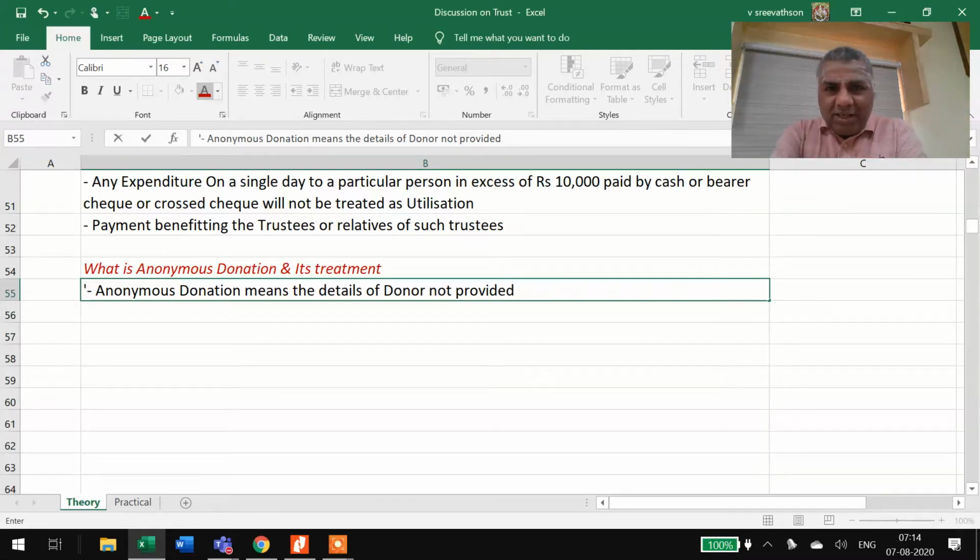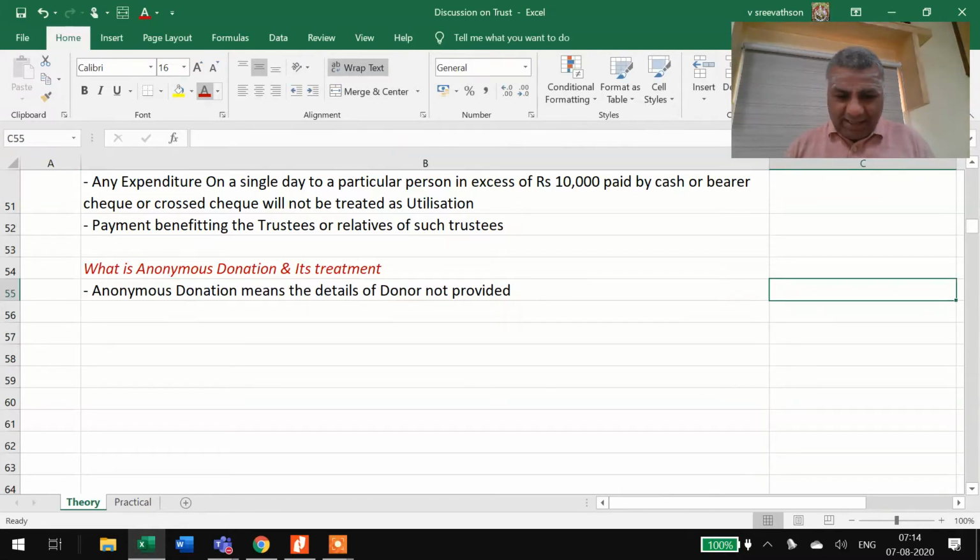Then I will treat it as anonymous donation and tax it at 30%. When did he read it? Feb 28th, he read the budget.